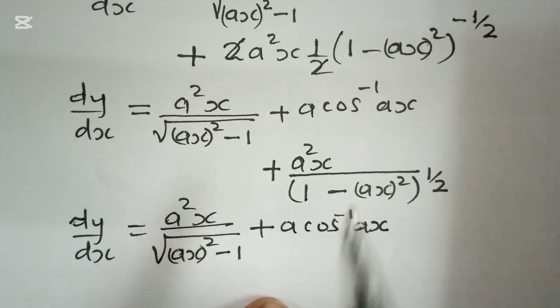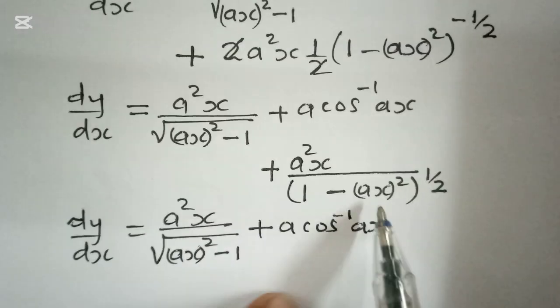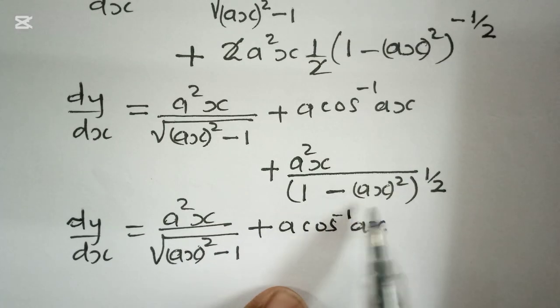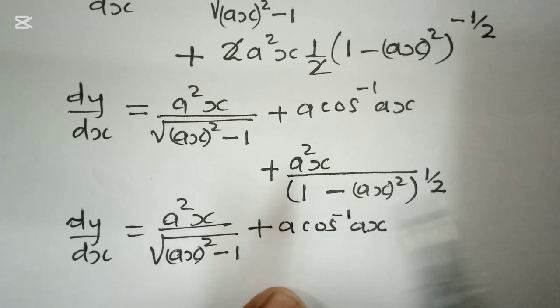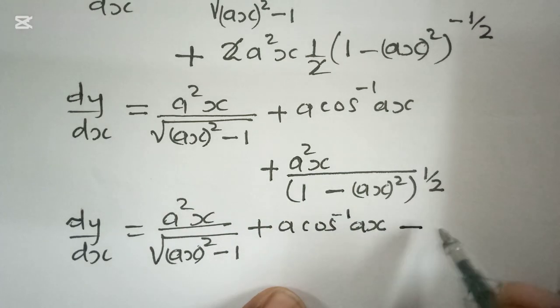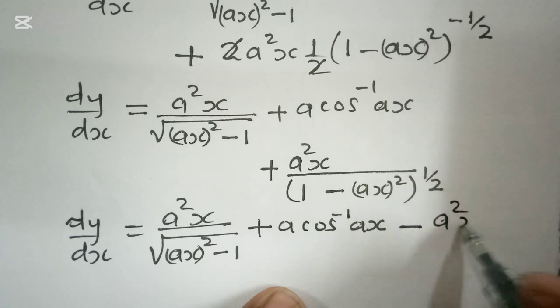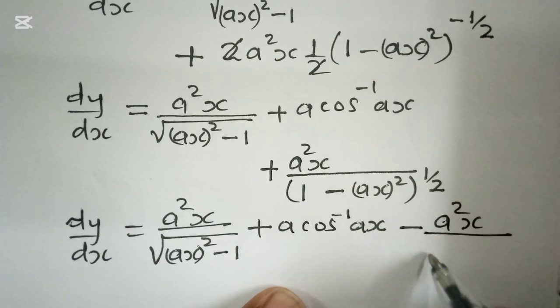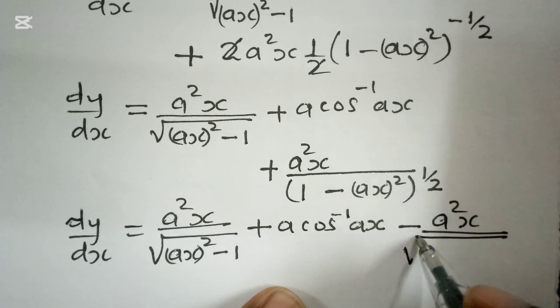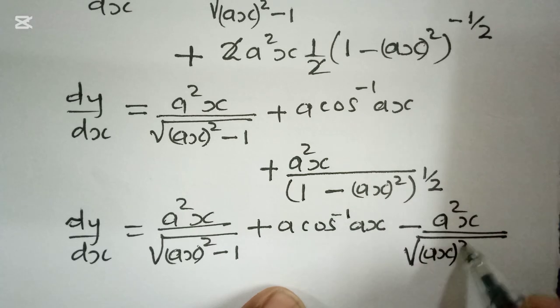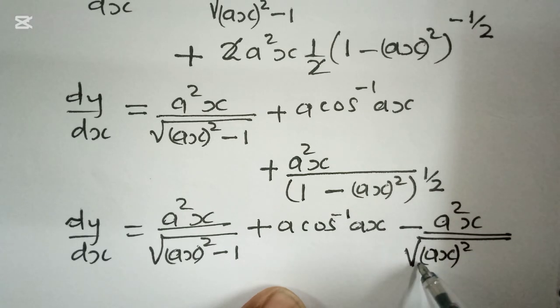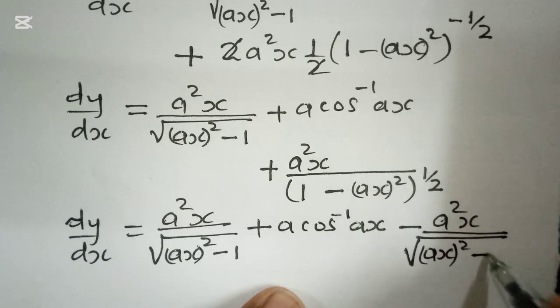Now we rearrange this so that the ax squared will come in front. So we shall have to put a negative here. So I'll put a negative here and write a squared x all over. Now I'll begin with ax squared, like that, bracket ax bracket squared, now minus 1.